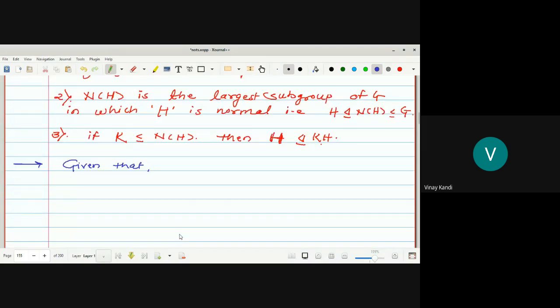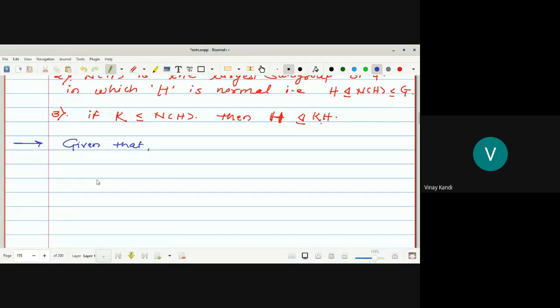Given that S is a non-empty subset of G. Suppose S is non-empty, so there is some element in S. S is a non-empty subset of capital G. Then, by the definition of the normalizer of S, what is the definition of the normalizer of S?